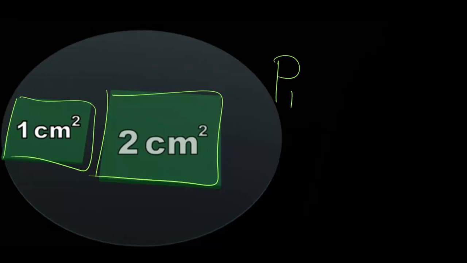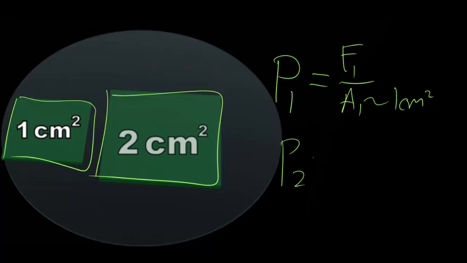we can write P1, which is the pressure on the smaller square, is equal to F1, which is the average force from all the particles bouncing off the smaller square, divided by A1, the area of the smaller square, which we know is just 1 centimeter squared. Now we can write the pressure on the bigger square in terms of the force and area from the smaller square.